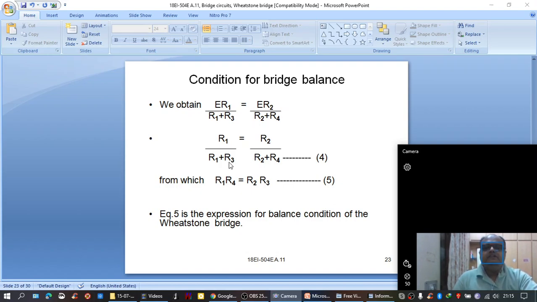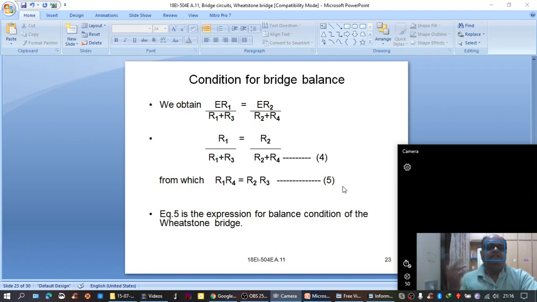Now when you see on both the left hand side and right hand side, R1 R2 is common and it gets cancelled out. So R1 R4 on the left hand side is equal to R2 R3 on the right hand side. So that is the condition for bridge balance.